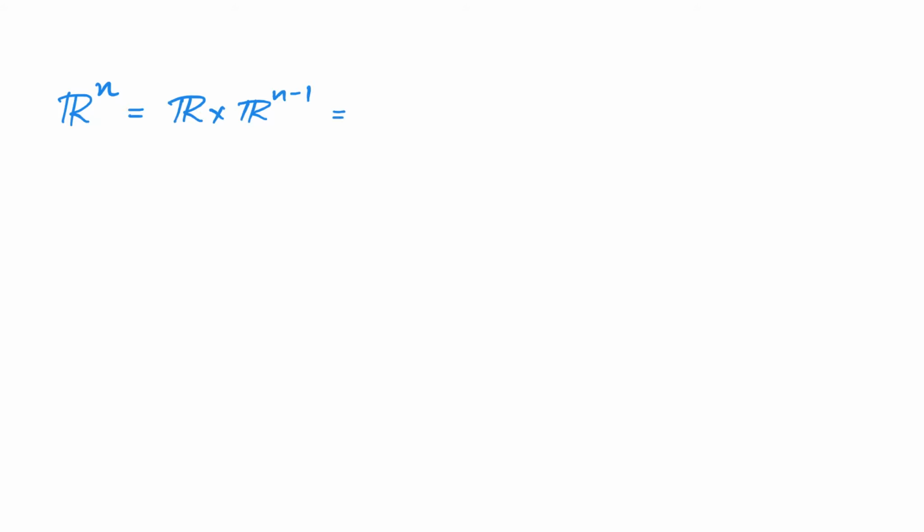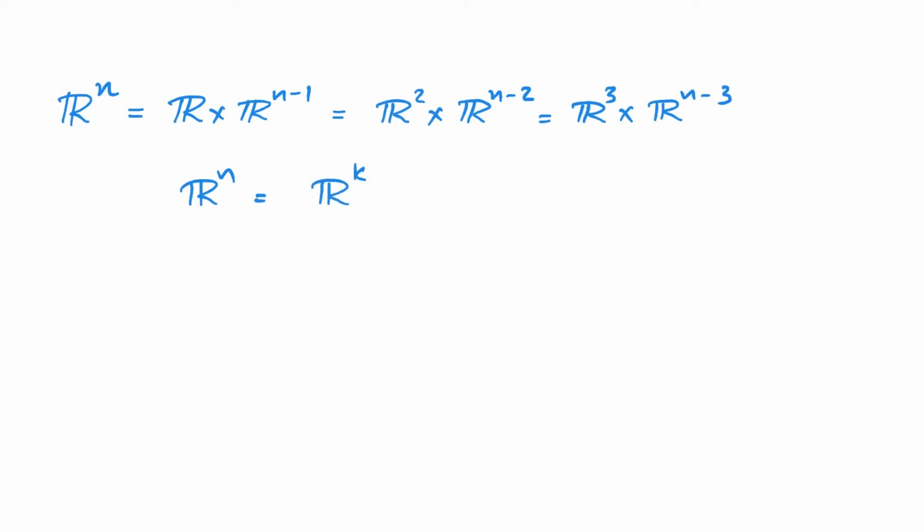But we saw that this is also equal to R2 cross Rn minus 2 or R3 cross Rn minus 3, etc. In general, Rn is equal to Rk cross Rn minus k. So Rn is equal to any of these.